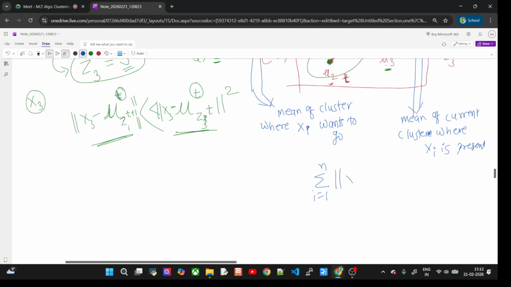In the future where he wants to go, he is thinking at the t iteration, but in the future, t plus 1, whole square. This is the future point he wants to go to, and the distance is mentioned here.